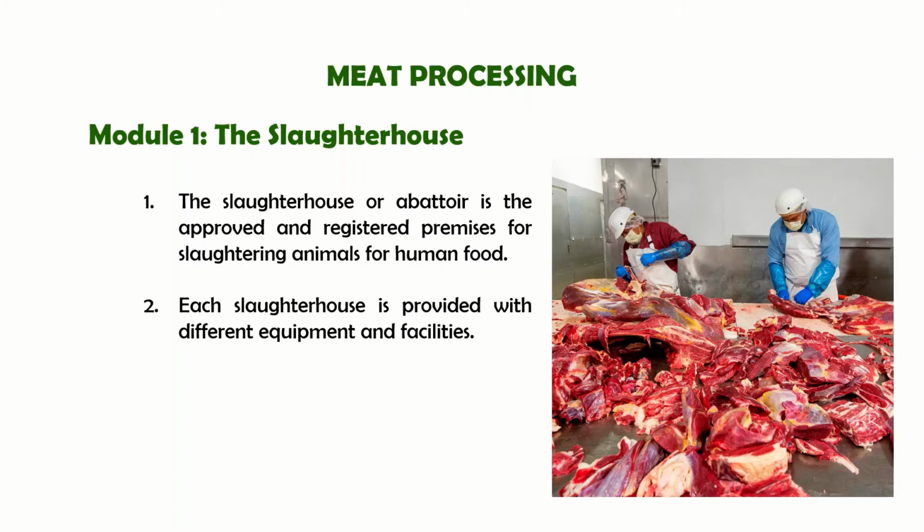There is also a meat inspector or veterinarian who performs the ante-mortem or post-mortem inspection. Ini-inspect nila itong mga animals before katayan and after katayan. Of course, para makita nila kung meron ba itong disease at fit ba ito for human consumption.